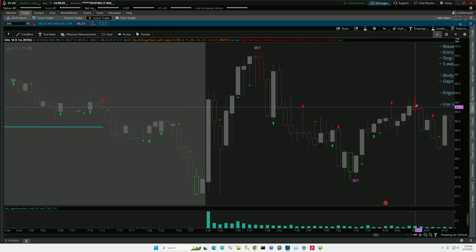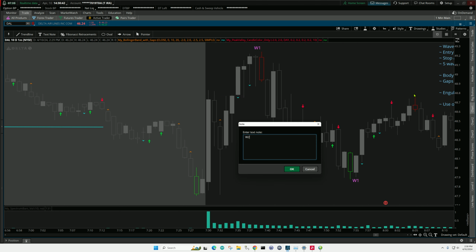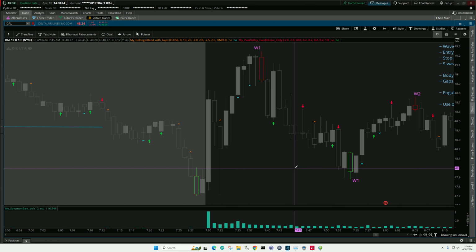So now we know that if price is going to go lower, this should be our high, because we're now getting candle body under candle body, and price should start breaking below wave one. So wave one goes into a wave two. So it's a wave two beginning at that red candle.